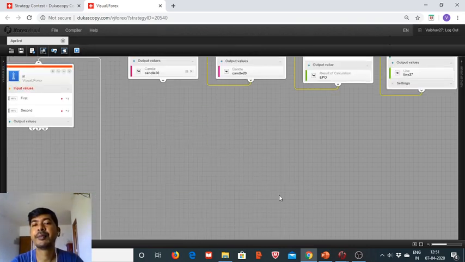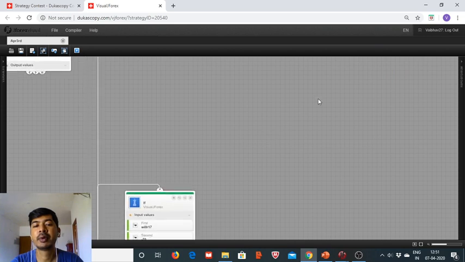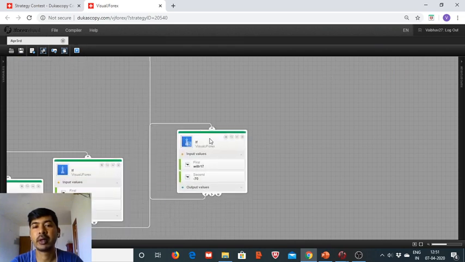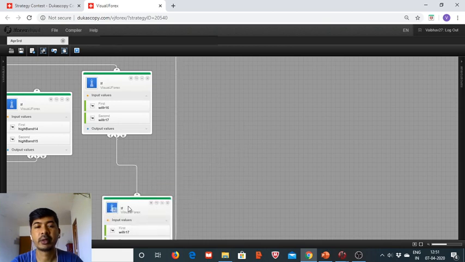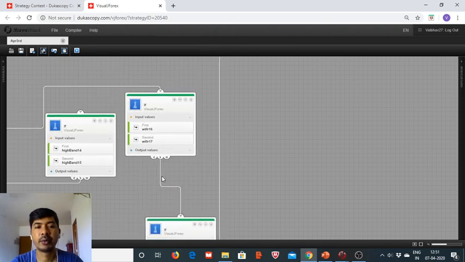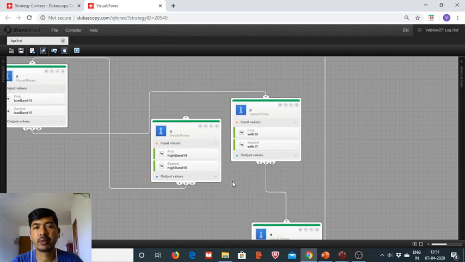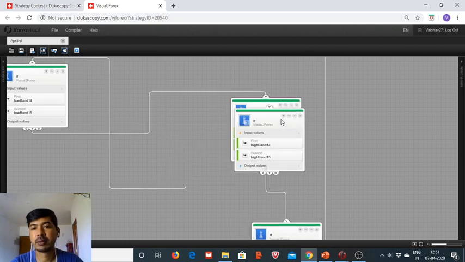We will leave some space here just to make sure that if we need to add further conditions, we will have enough space over there.